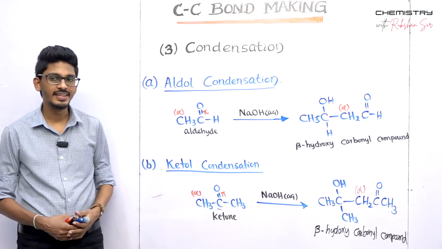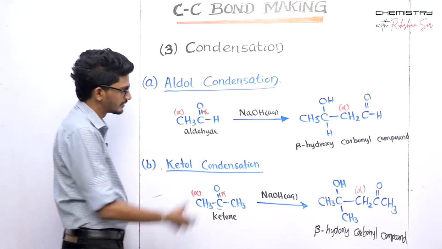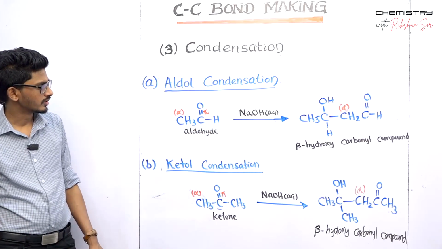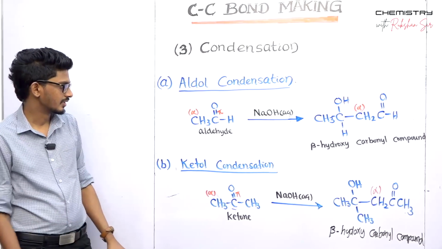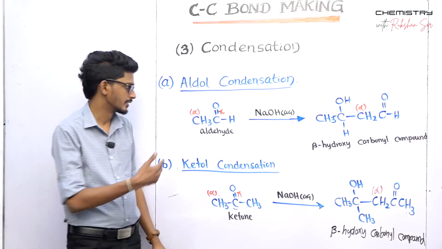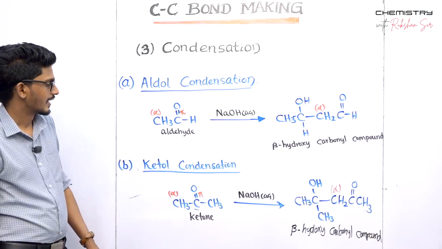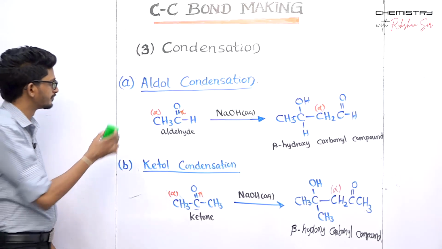Right, this is the aldol condensation. Let's do some more examples. These things are written in your tute. You can see that, right? So I'll do a few more examples to grasp this idea clearly, to write the product clearly. But you should be able to write it at once now. Let's go for a few more exercises.